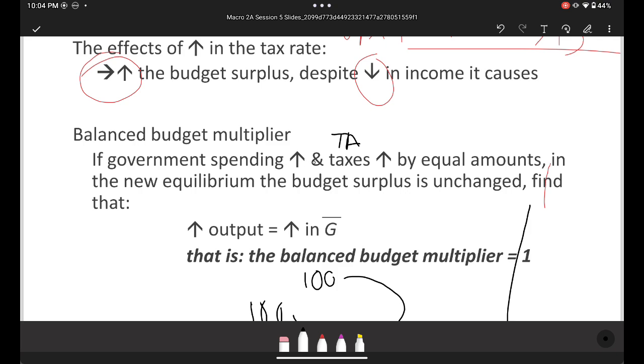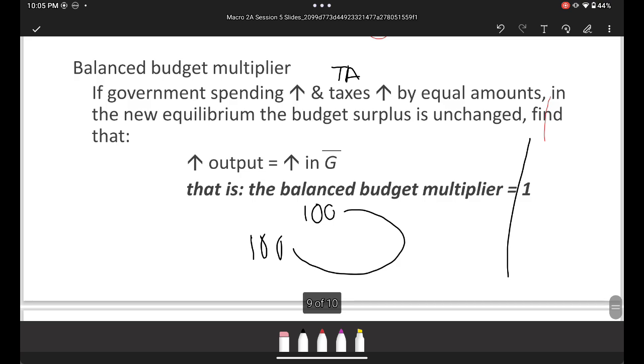So the government puts in 100 in the economy, it gets 100 in taxes, and the budget surplus is unchanged. Then this also means that the output increased by G. So that also means Y increased by 100 rand.